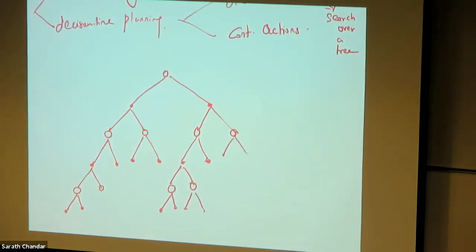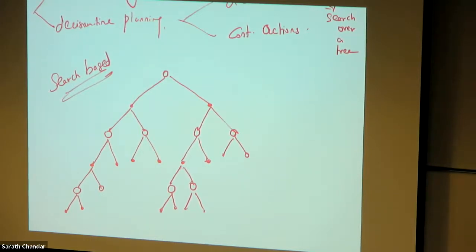Something like this, right? In this case, this is in some sense a search-based method, where we start at some point and try to look ahead at all the possible options.